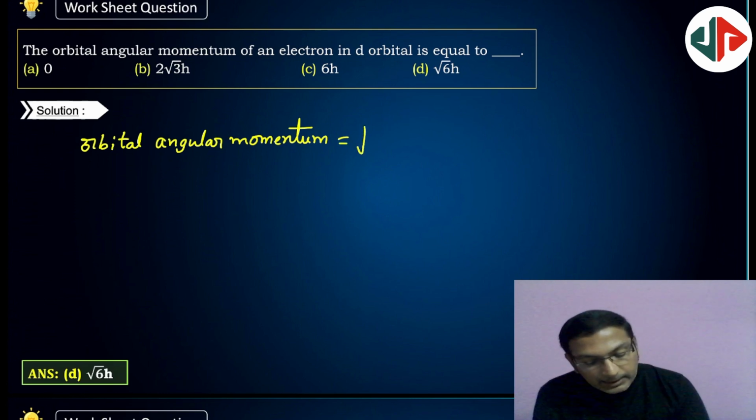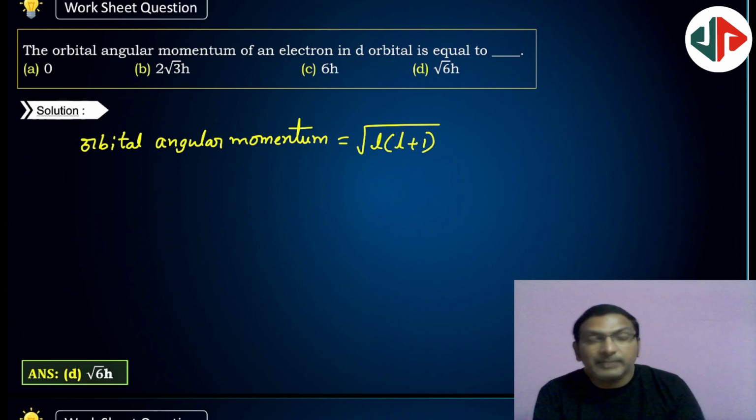It can be calculated by using root over L into L plus 1 into h by 2 pi.